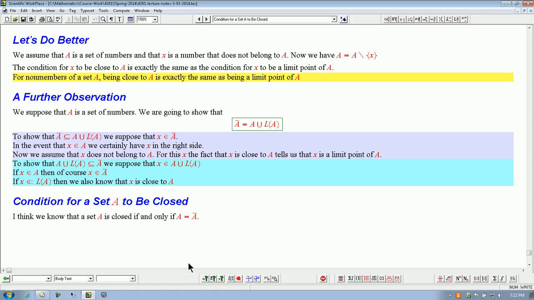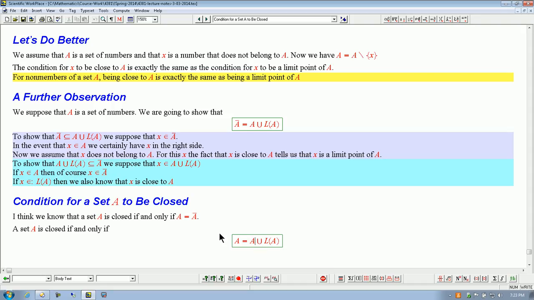I think that we know that a set is closed if and only if it equals its closure, right? Okay. Now, a set A is closed if and only if A is equal to A union L of A, because the closure of A is that. Is it not?